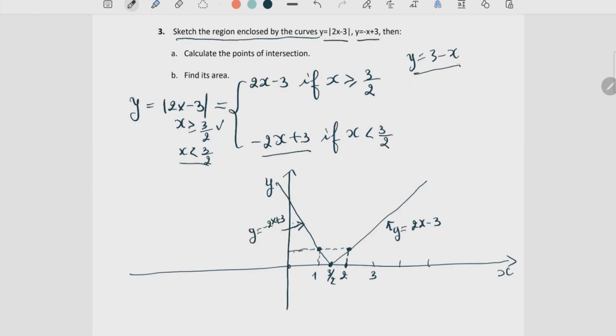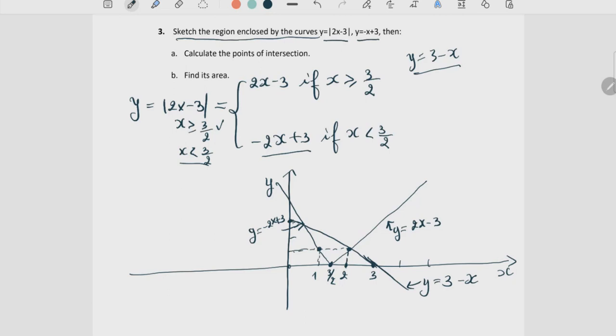For the second curve, when x is equal to 0, y is equal to 3. And when x is equal to 3, y is equal to 0. So our second function looks like that, and that is y is equal to 3 minus x.